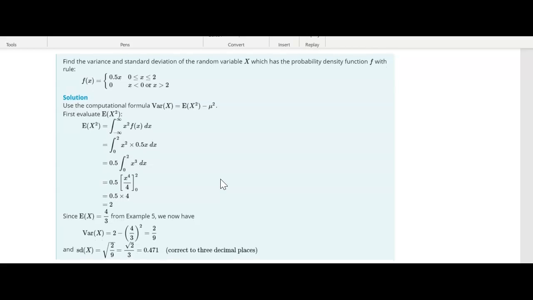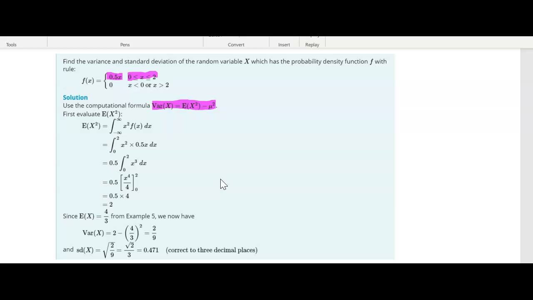Find the variance and standard deviation of the random variable x, which has a probability density function. The function is 0.5x, where x is between 0 and 2. Our formula for variance is written here, so we do have to find the expected value of x squared first.